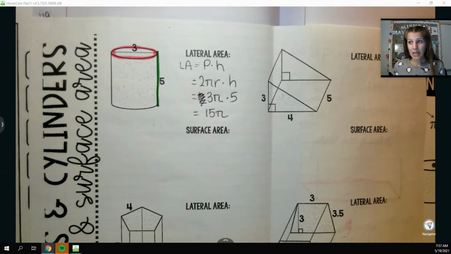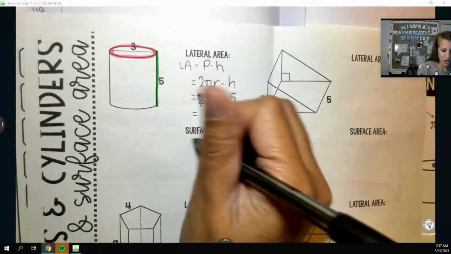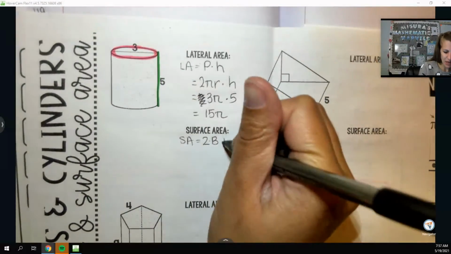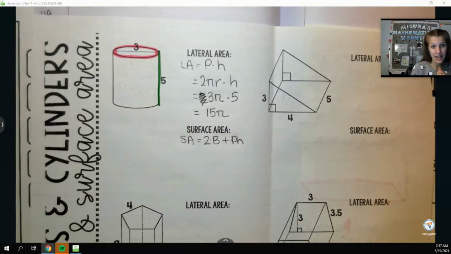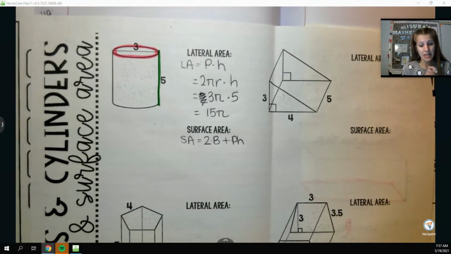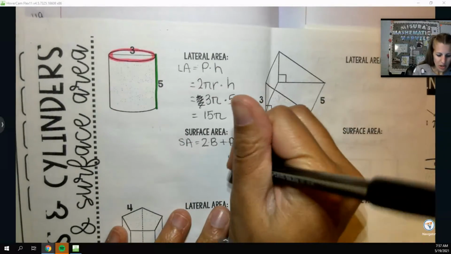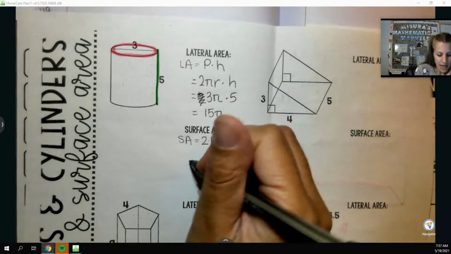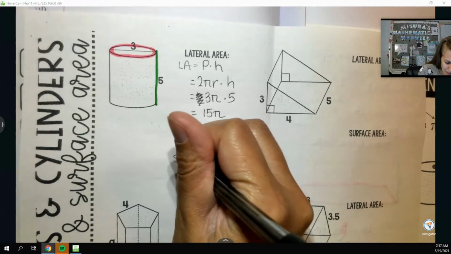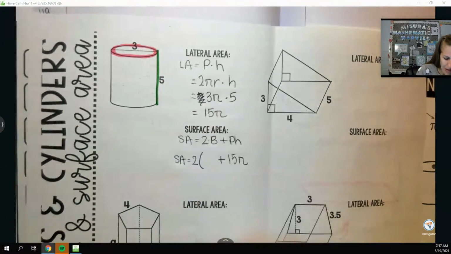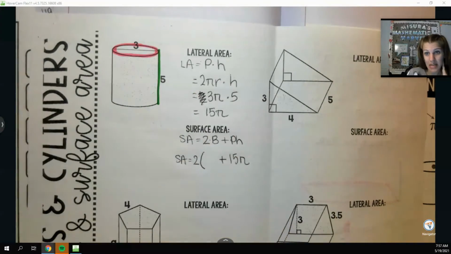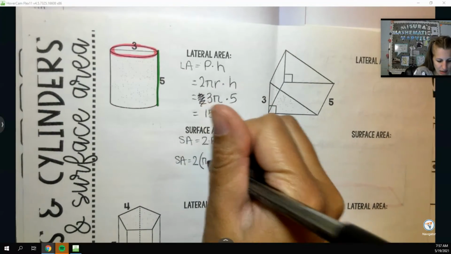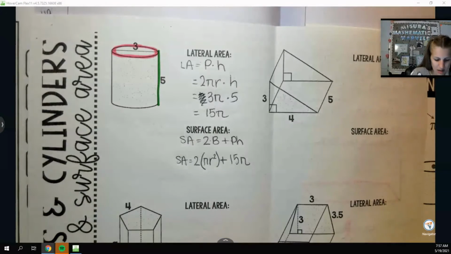Which again is super nice to have because if I want to find the surface area, we're going to do 2 times the area of the base plus the lateral area, or perimeter of the base times height, which I already have. So 15 pi goes there. And then if we think about our base shape, my base shape is a circle. And to find the area of the circle, we need to do pi r squared.